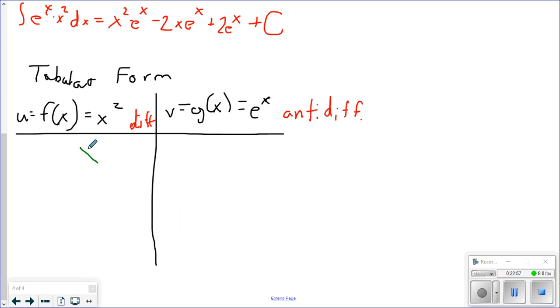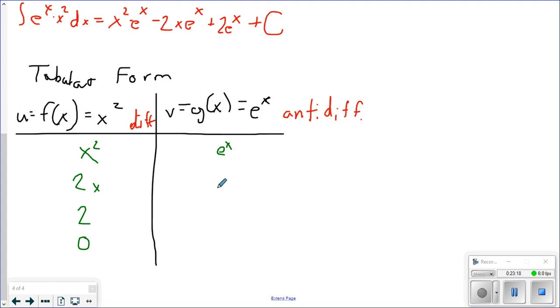We have x squared. We'll differentiate that: 2x. We'll differentiate that: 2. We'll differentiate that: we get 0. Once we get to 0, we stop. Just like I said before, a lot of times, if we can, we'll choose u such that it'll differentiate to 0, not always.